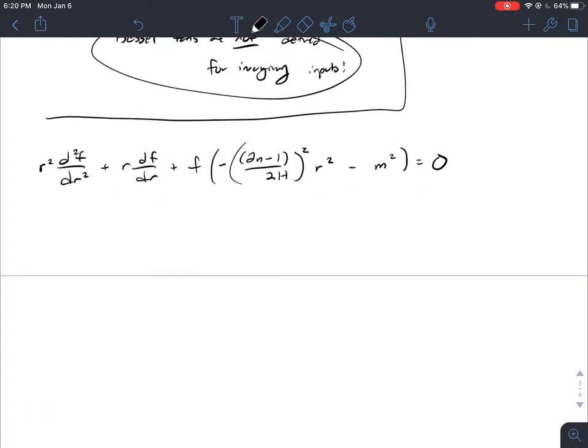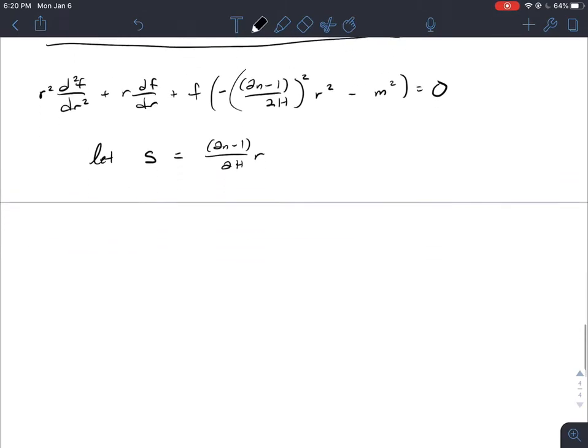So instead of doing that substitution with zeta equal to i times whatever, let's do a different substitution with, let's say, s. So let s equal 2n minus 1 over 2h times r. Okay, so we're going to get s squared times d squared f over ds squared plus s df ds plus f times negative s squared minus m squared.